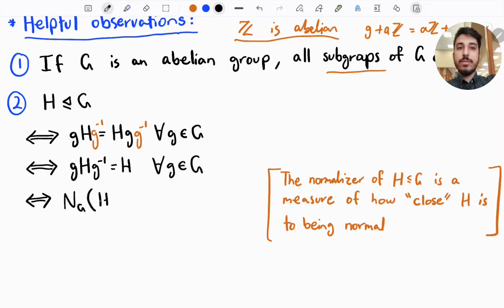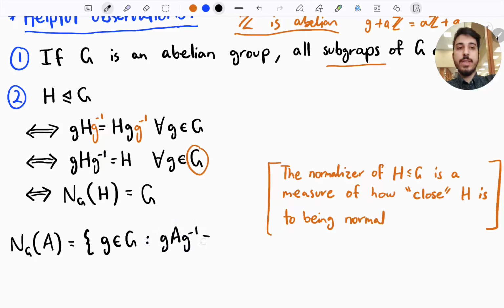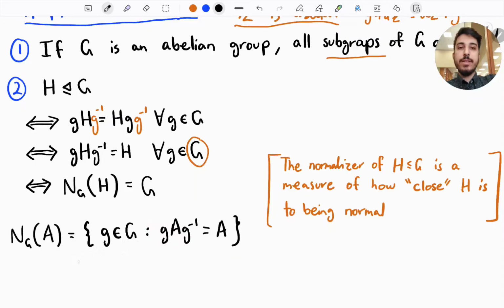The normalizer of H, because H is the subgroup, the subset in question, and because this works for all g in G, is equal to the entirety of the group G. If you don't remember what a normalizer is, keep in mind, the normalizer of a subset A is equal to all the elements g in G such that gAg^-1 is equal to A. So here we've said that this is true for all elements g in G. So instead of having only this set, this is equal exactly to G. And A in this case would be H.